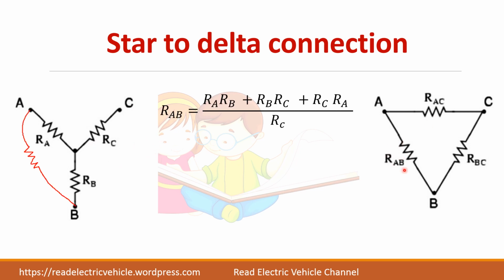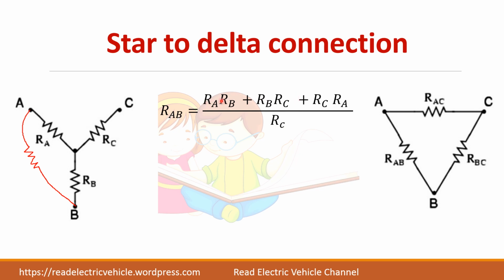So to find this RAB, you multiply RA into RB, plus RB into RC, plus RC into RA, divided by the third resistance, that is RC. So in AB, C is missing, which means you divide by RC.